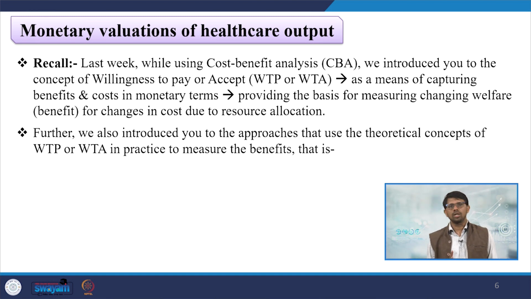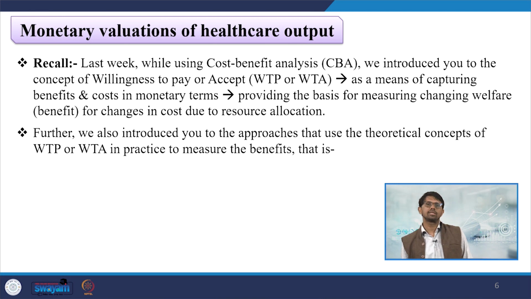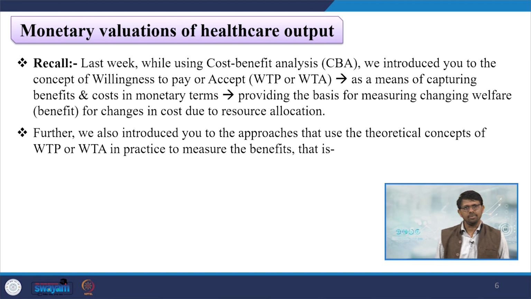You just recall what we did in our CBA method, that is called cost benefit analysis method. We emphasized the concept called willingness to pay, or sometimes it is called willingness to accept. This is a means of capturing benefits and cost in monetary terms.